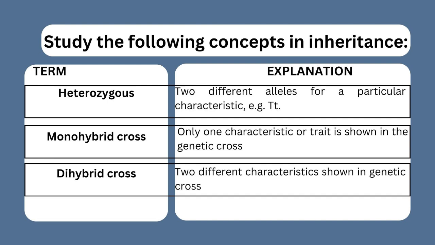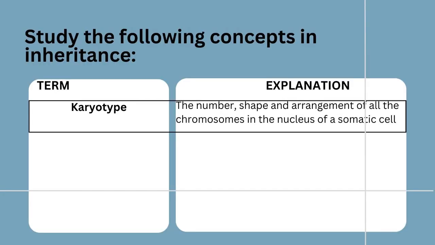Monohybrid cross: only one characteristic or trait is shown in the genetic cross. Dihybrid cross: two different characteristics shown in genetic cross. Karyotype: the number, shape and arrangement of all the chromosomes in the nucleus of a somatic cell.